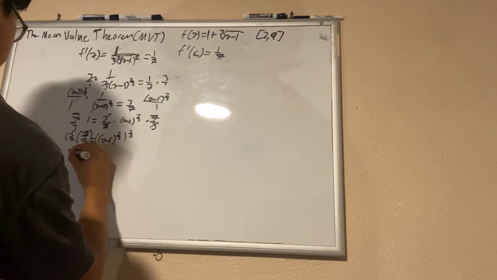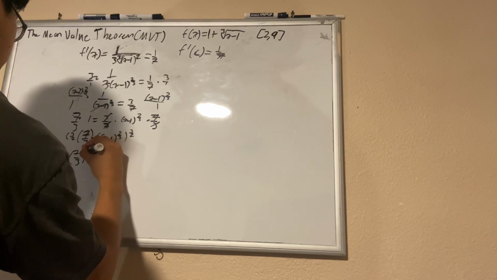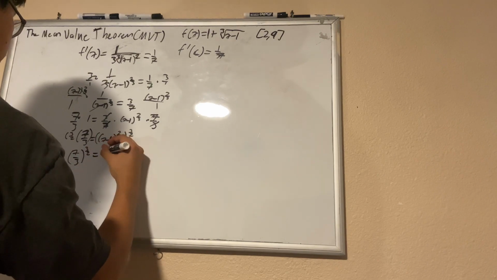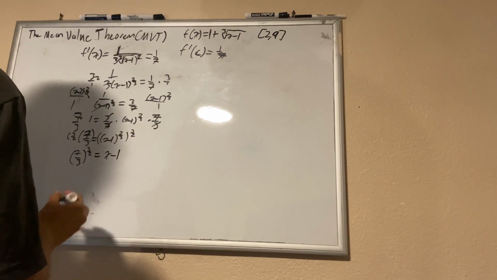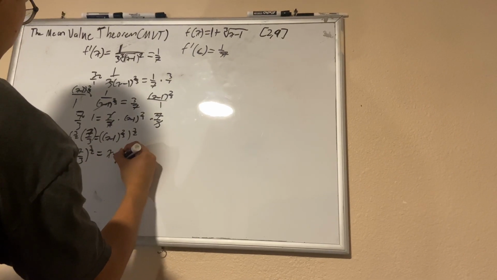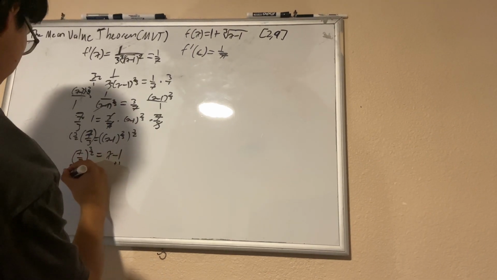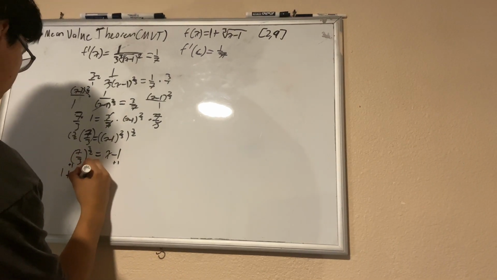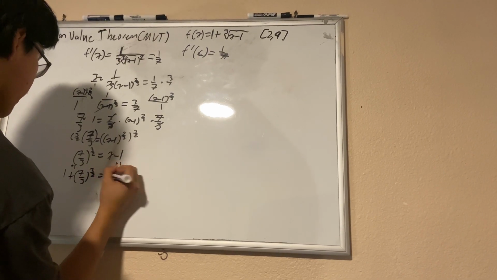So you get 7 over 3 to the power of 3 over 2 is equal to x minus 1. And from there, you can add 1. You would add 1 there, so you get 1 plus 7 over 3 to the power of 3 over 2 is equal to x.